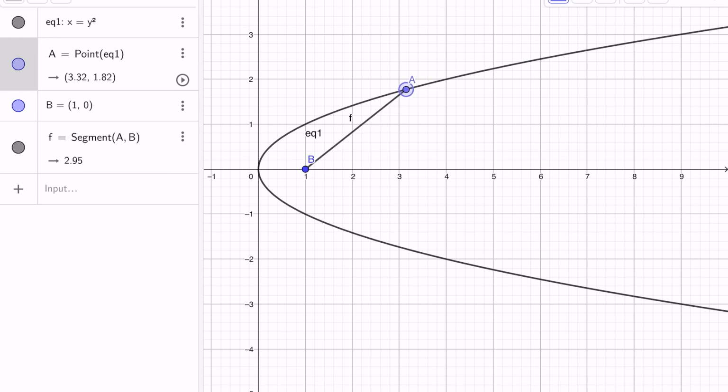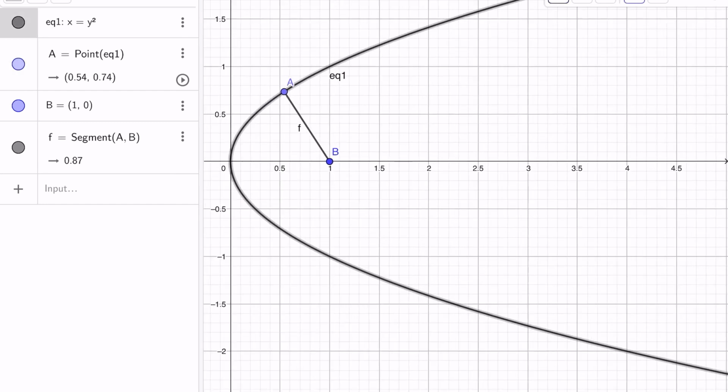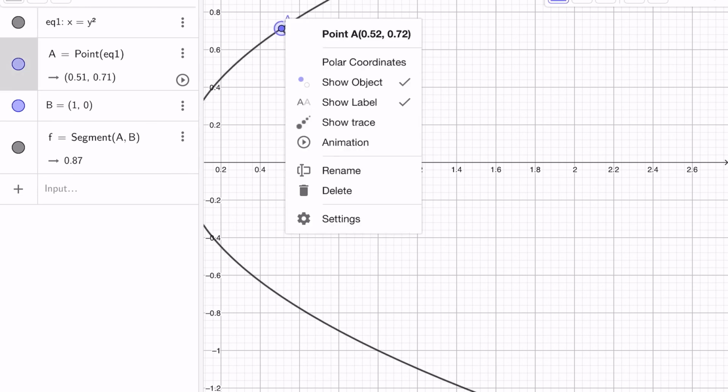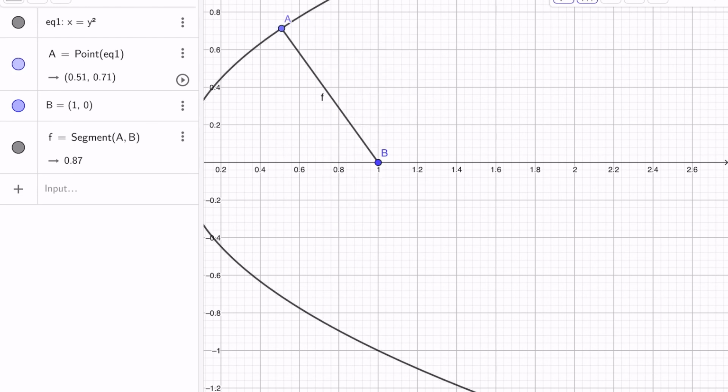If I move it closer, it gets smaller, smaller, smaller, and then bigger. So in here is the turning point, and there we go, it seems to be lining up with x equals a half. And we've just proven it.